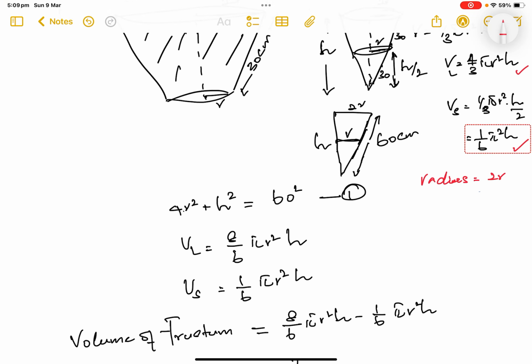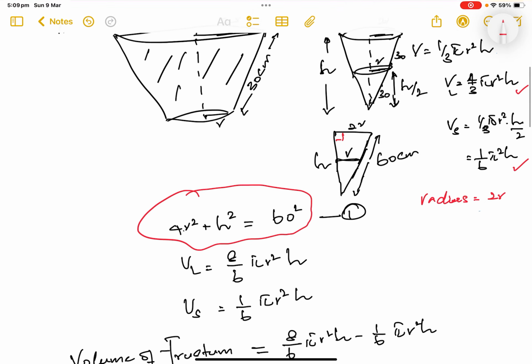And as I said, we can take the big right-angled triangle from top to bottom. The base is 2r, the height is h, and the slant distance is 60 centimeters. From that right-angled triangle, we can use Pythagoras: 4r squared plus h squared equals 60 squared. We need to use it later on, so I just keep it that way.